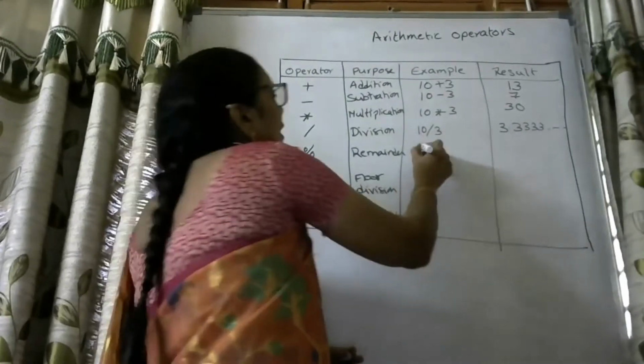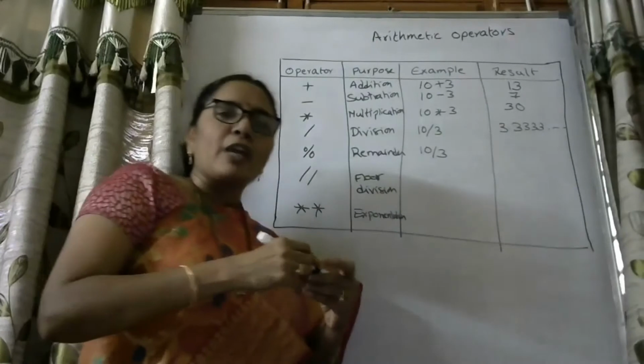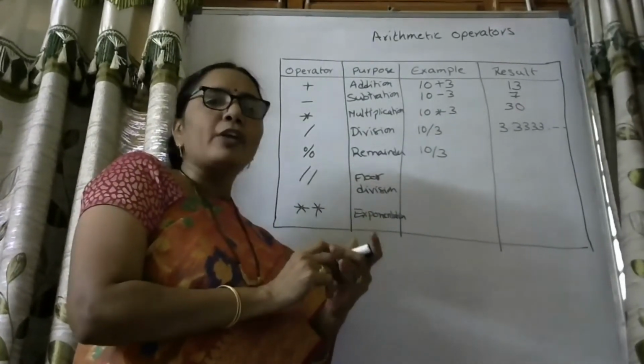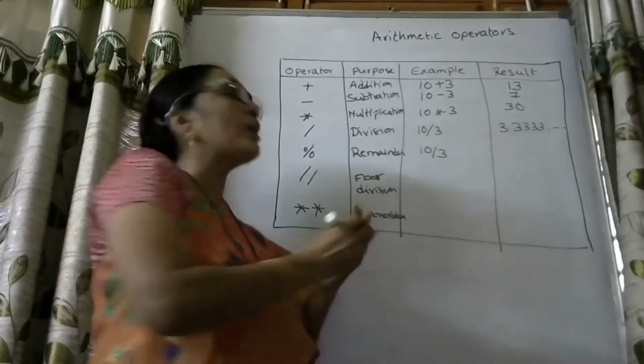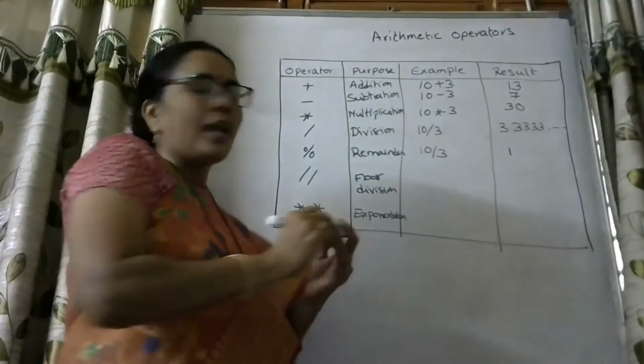And 10 modulus 3. When I try to divide 10 with 3, in order to get the integer coefficient, the remainder will be 1. The remainder will be 1.